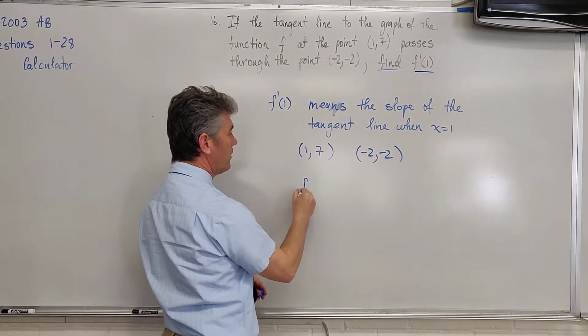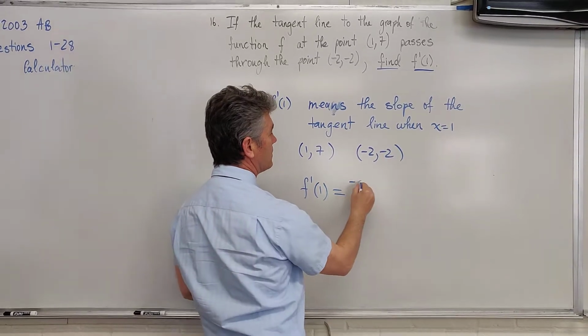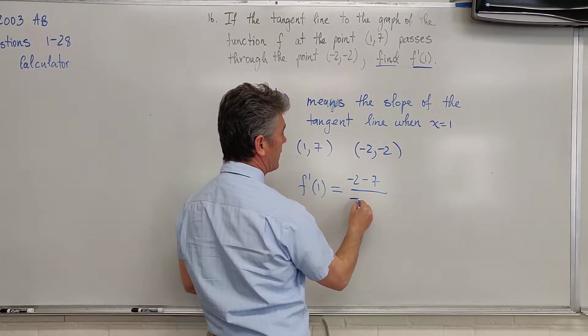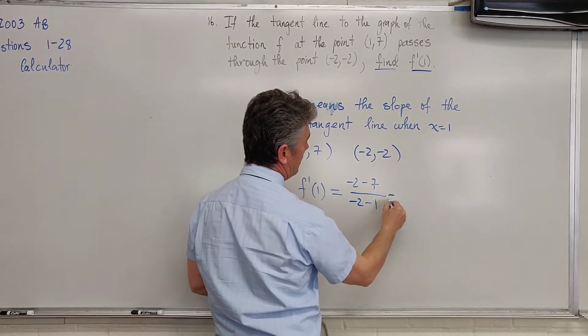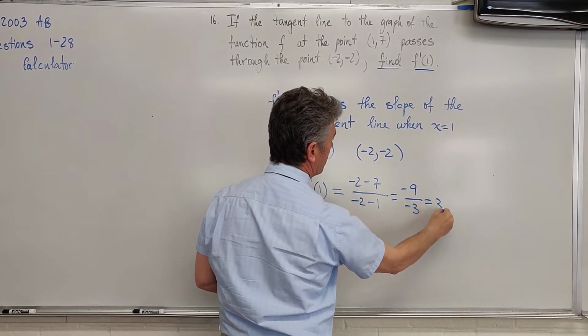So really, all you need to do to find f prime of 1 is find the slope. So -2 minus 7 over -2 minus 1, which is -9 over -3, or 3.